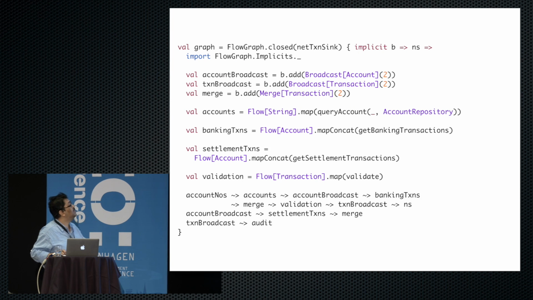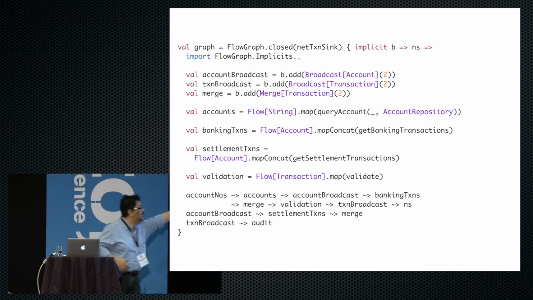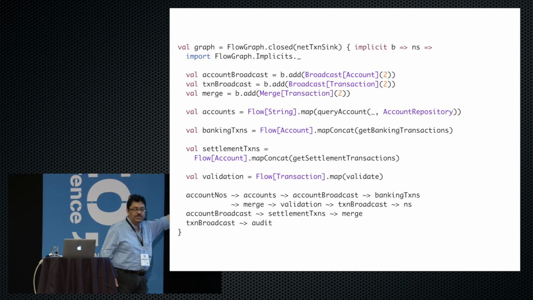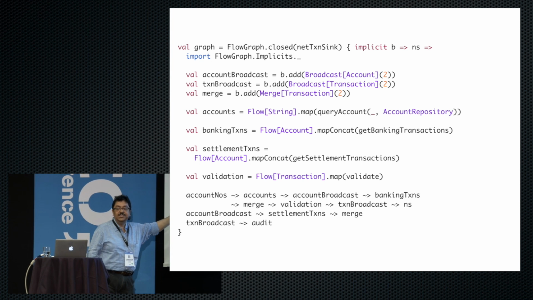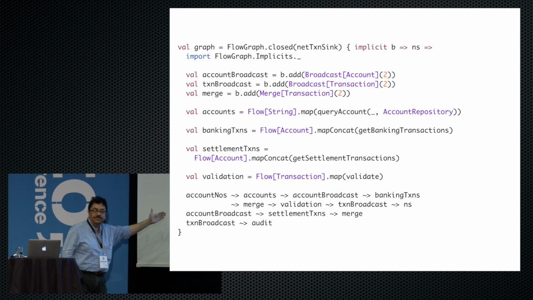And this is the code for this. For each of the artifacts, you define typed abstractions and compose them at the end. And this is the DSL. This is the DSL for composing the entire pipeline, which is declarative, which is type safe, which is compositional.